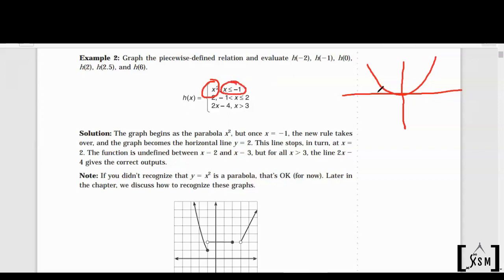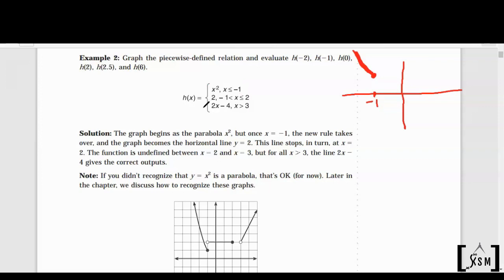Okay, so let's say when x is negative 1, before that only it is defined. So when x value is less than negative 1, it is defined, not after that. So after that, the graph which we had drawn we'll erase, because this x square is defined only for less than or equal to minus 1.